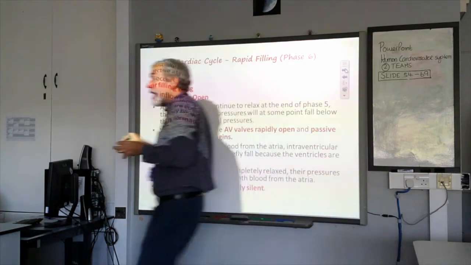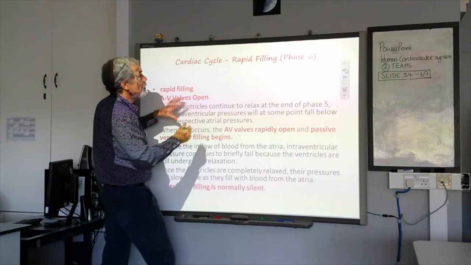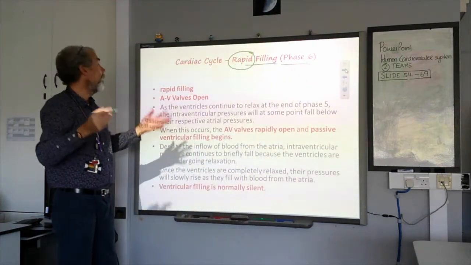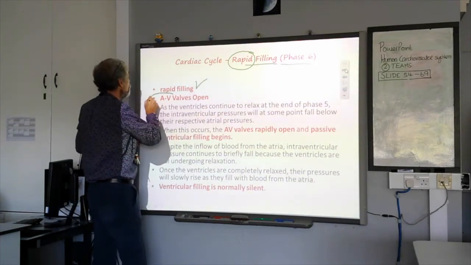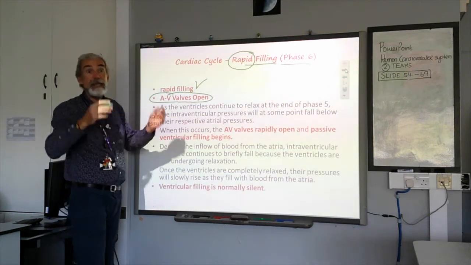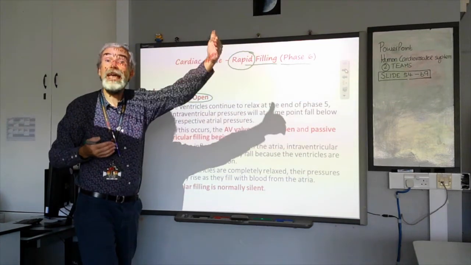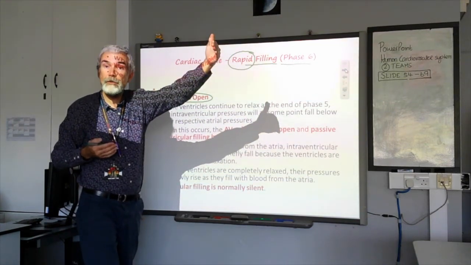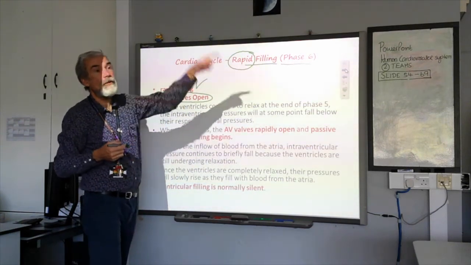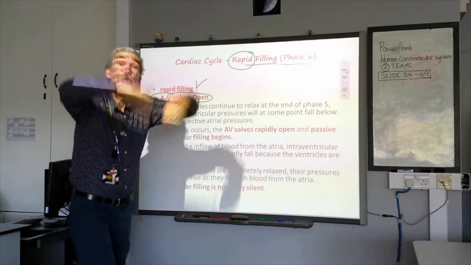And now we're almost at the end of one cardiac cycle. All of a sudden we're up to phase 6, where we get rapid refilling of the heart. For the first time in a long time, our AV valves are now open, which means that the pressure in the ventricles is so low that the pressure above it in the atria, of the blood that's been returning all the way through the cycle, through the aorta, through the pulmonary vein, and also through the vena cava, is now sufficient to force open the valves.